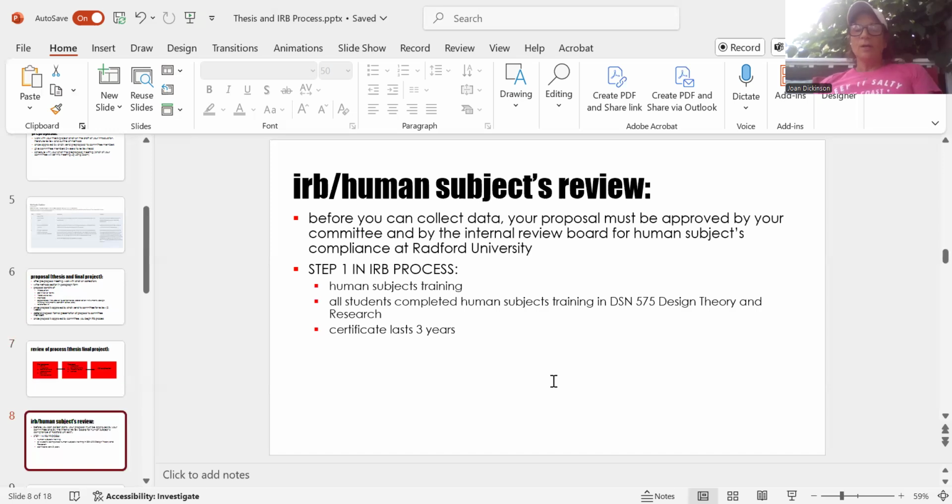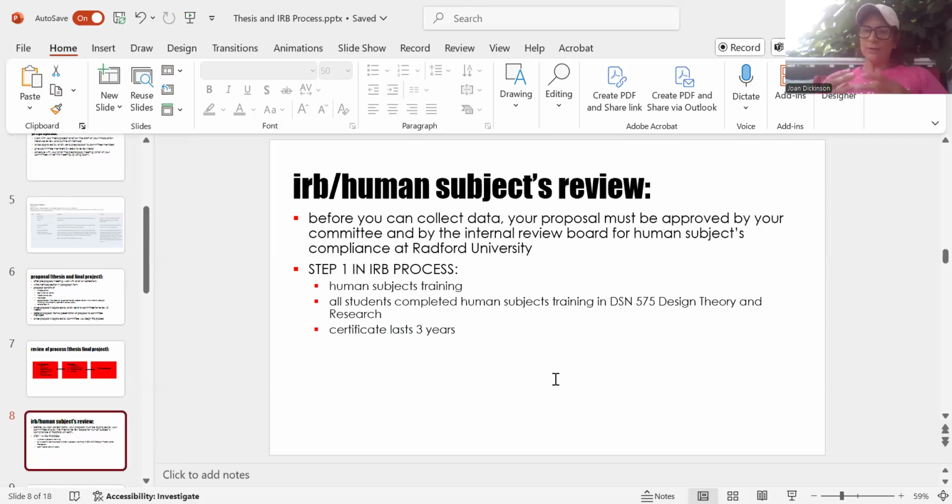Okay, so basically the IRB process is an application that you submit to Radford University. This is for human subjects approval or compliance through Radford University. The way this works is we use a program called IRB Manager, and this is available through one campus.